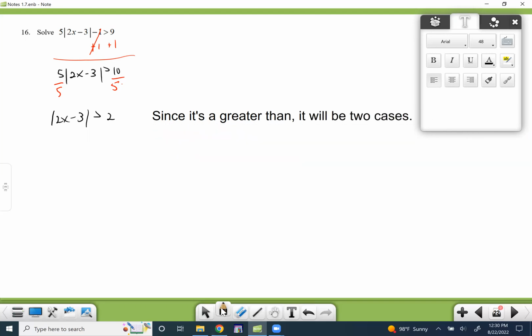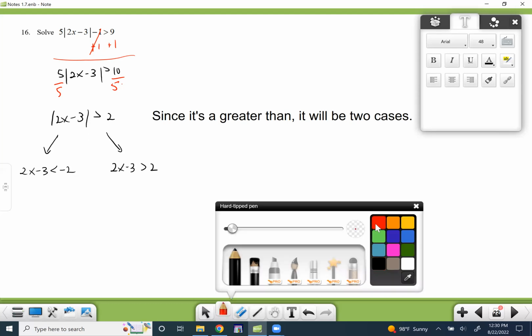Remember, one case is exactly the same without the absolute value brackets. And the other case, you have to change two things. You got to change the sign. So instead of a greater than, a less than, and you have to change the sign. So instead of a positive 2, a negative 2. And then you just proceed to solve these guys.